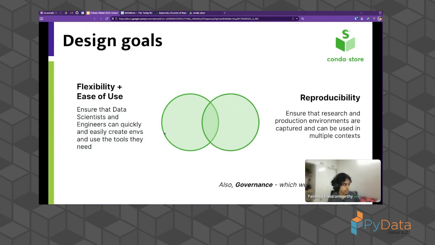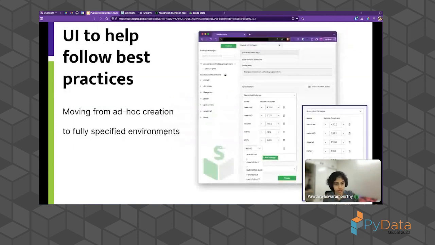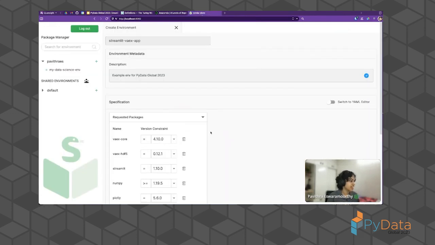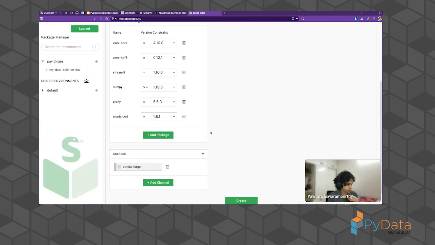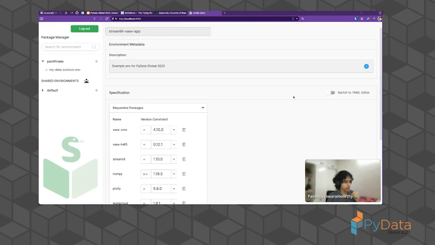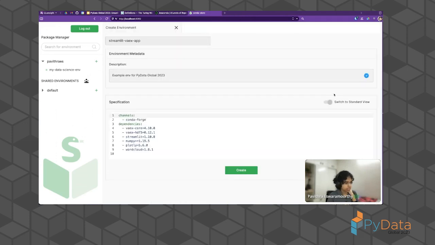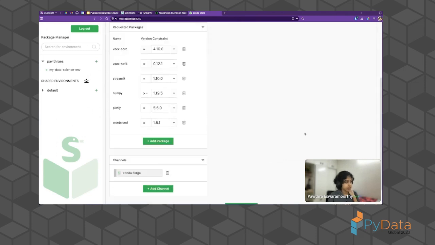Okay. A few things that we did in conda to help with this: we built in a UI. I actually have a local demo running. So this is conda, I'm running this locally. If you want to try it, I'll share the code at the end. This is a UI view, but also a standard YAML editor if folks prefer that.